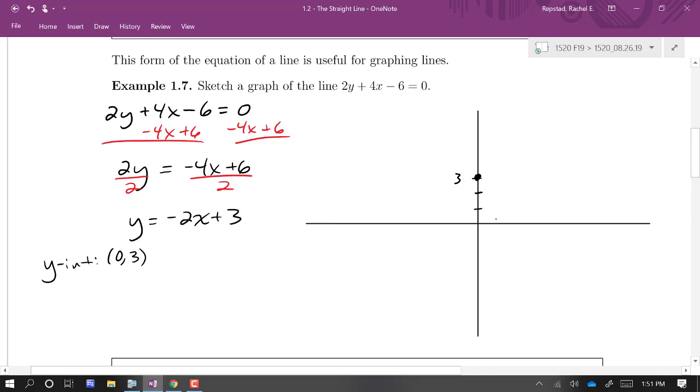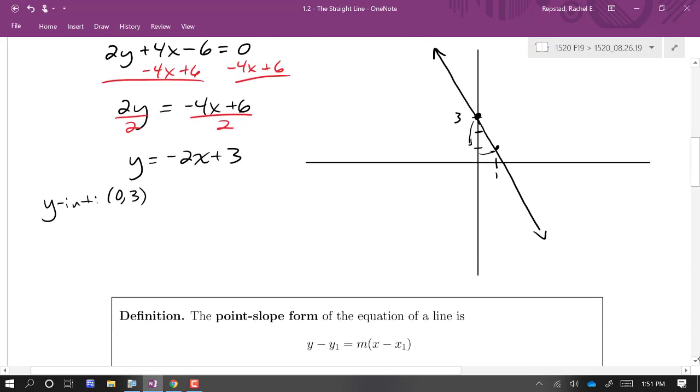In fact, if I used the slope once, that's precisely the point that we get, because we go down 2 over 1. And then we connect the dots. So that's the slope-intercept form.